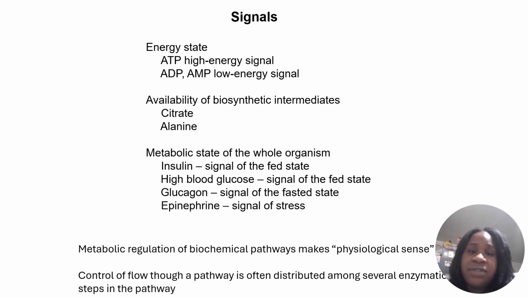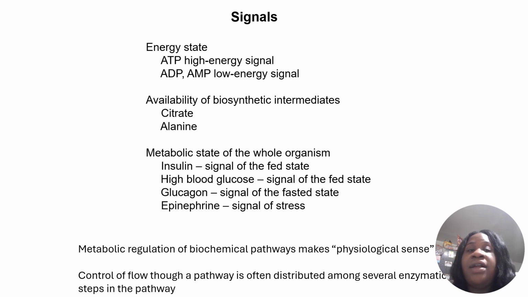Now you have signals, the energy states, the availability of biosynthetic intermediates, and then you have the metabolic state of the whole organism. So regulation of metabolic pathways, the flow of intermediates through metabolic pathways, is usually controlled by four mechanisms. The first mechanism would be the substrate availability.